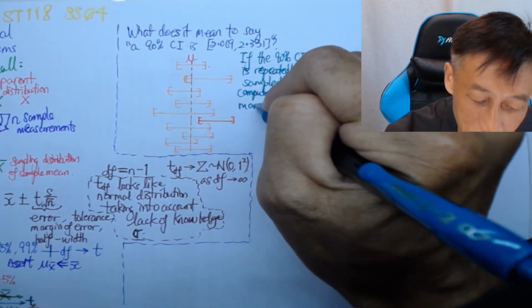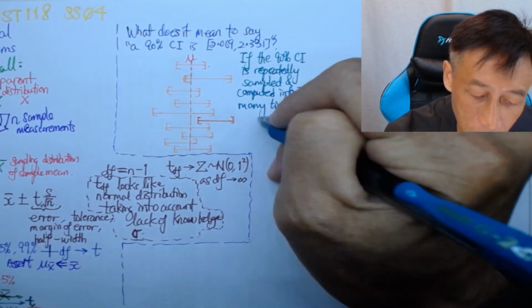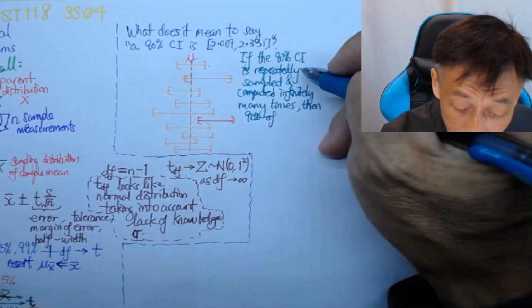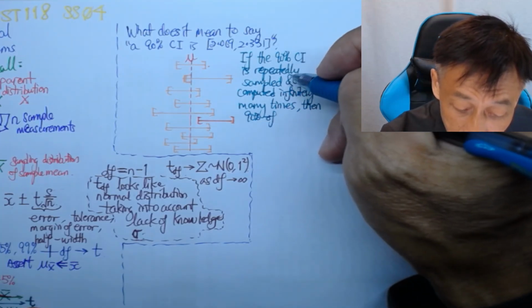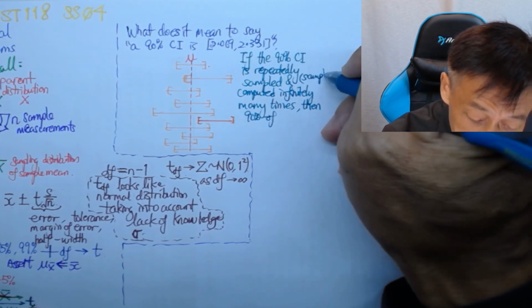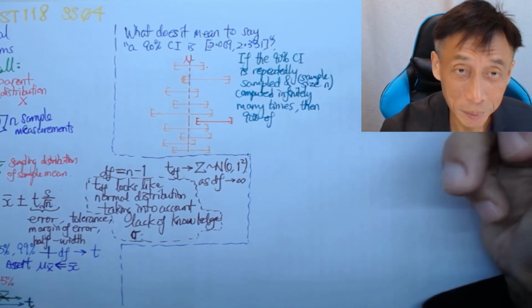Infinitely many times, then 90% of, if the 90% CI is repeatedly sampled, sample size n. The sample size must be the same.